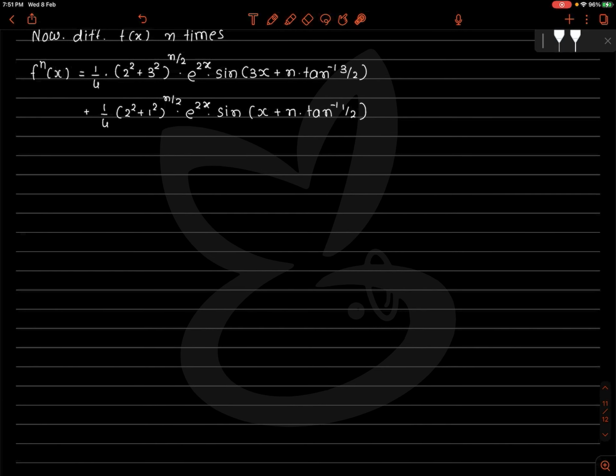So again, we can take 1/4 and e raised to 2x common.